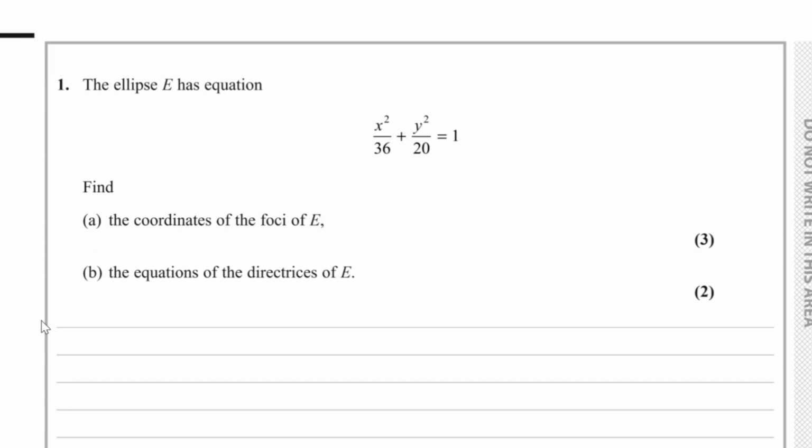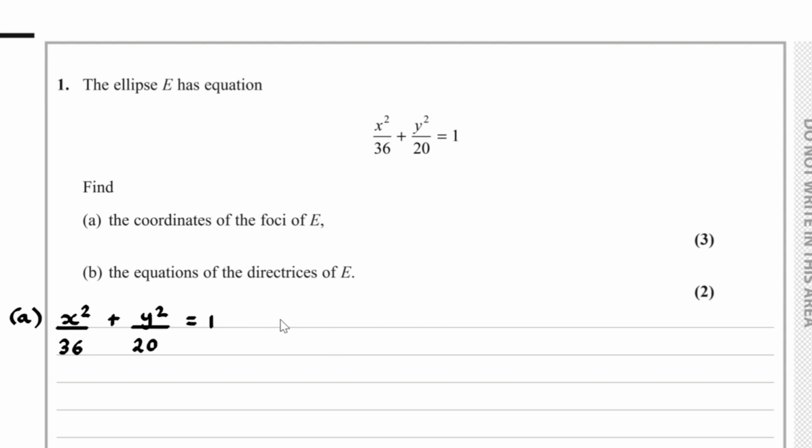So, for part A of the question, we have x squared divided by 36 plus y squared divided by 20 equals 1.